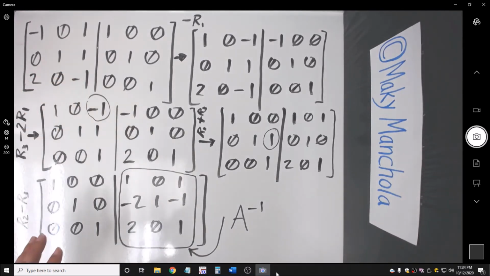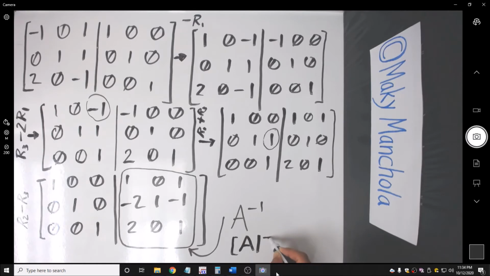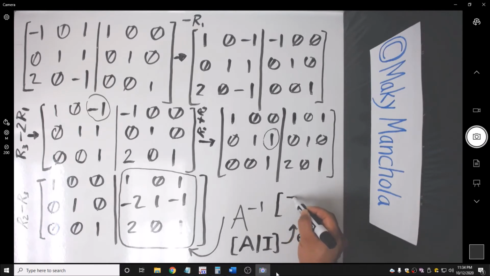We begin with the augmented matrix consisting of A on the left block and the identity on the right block. We apply a sequence of elementary row operations until we obtain the reduced row echelon form matrix that has the identity on the left block and has the inverse of A on the right block.